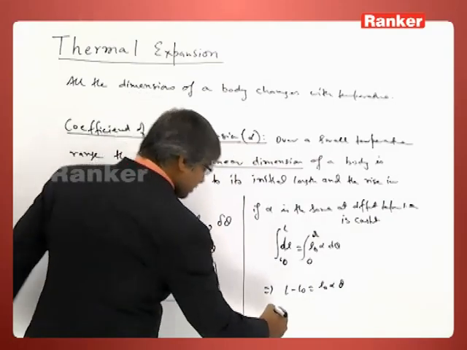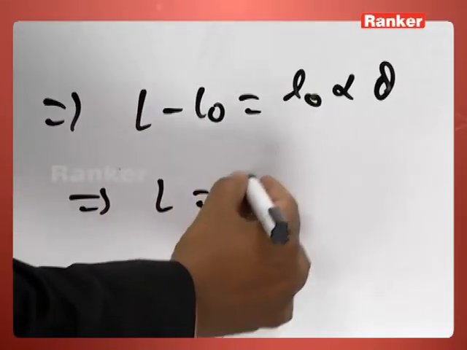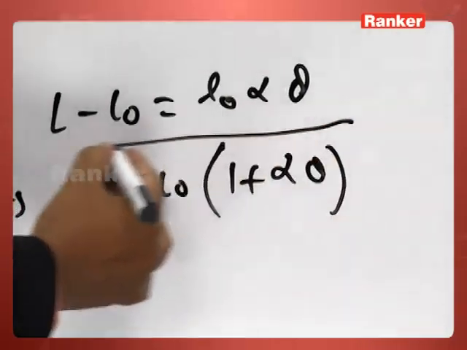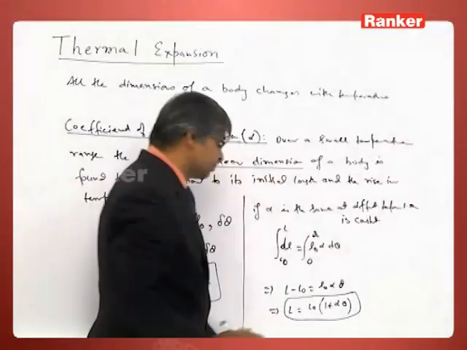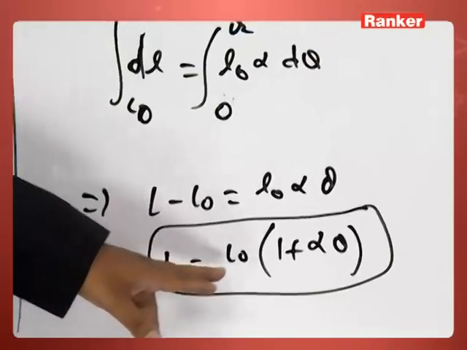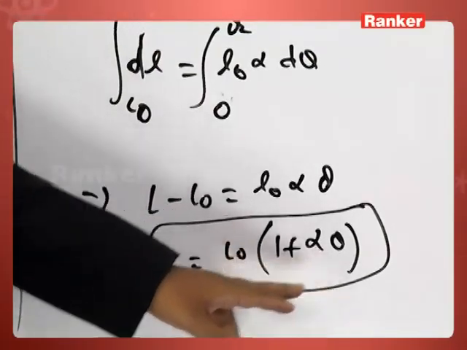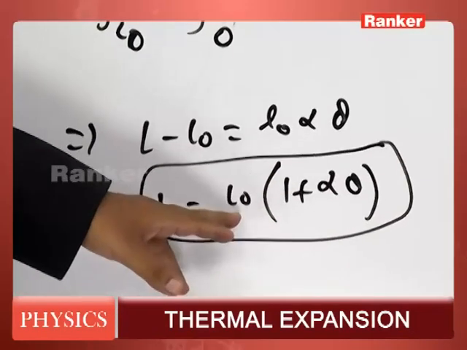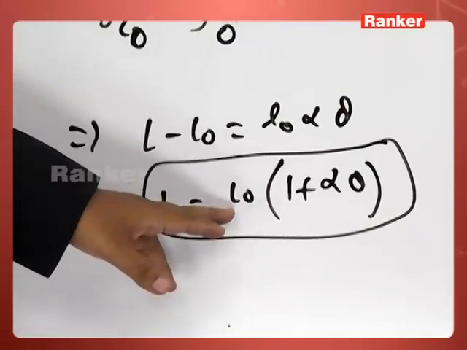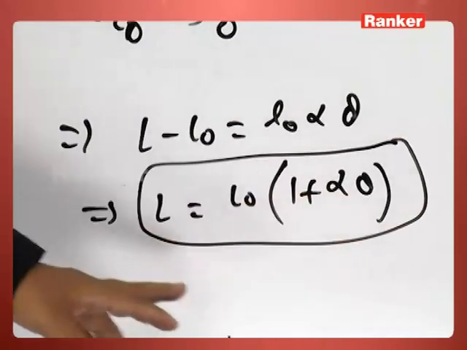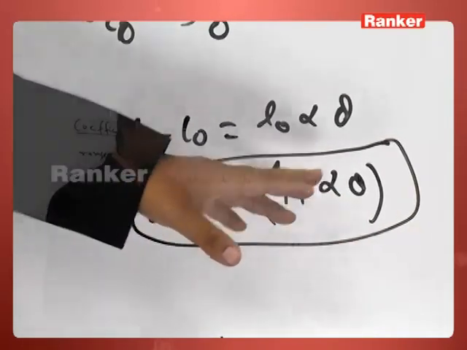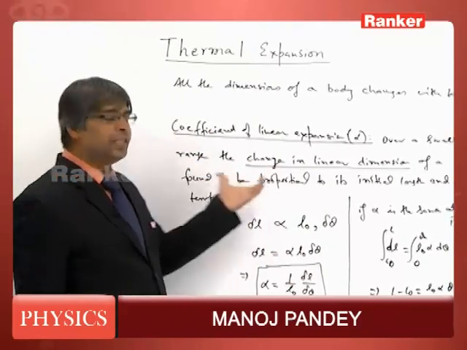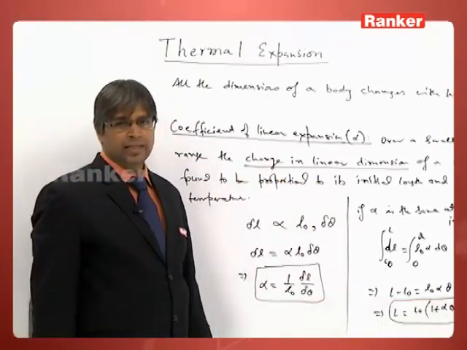So, the final L becomes L naught times 1 plus alpha theta. So, this is the new length when we have increased the temperature to theta. If L naught is the length at 0 degree centigrade, then at theta degree centigrade the length will become L naught times 1 plus alpha theta. This is the way in which the linear dimension of a body increases.